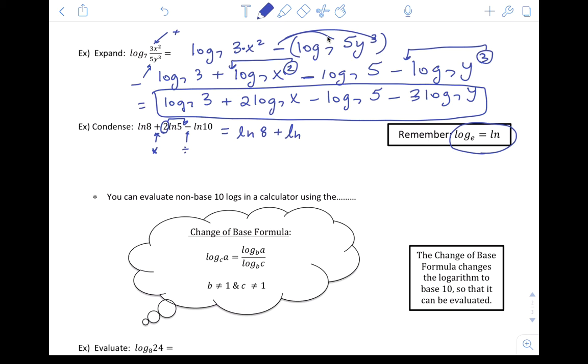It's not a problem. So I've got the natural log of 5 squared, which would be 25. I'll write that down in just a minute. So we've got the natural log of 8, the natural log of 25, that's the 5 squared, and the natural log of 10. Whenever you add them, they're multiplied.